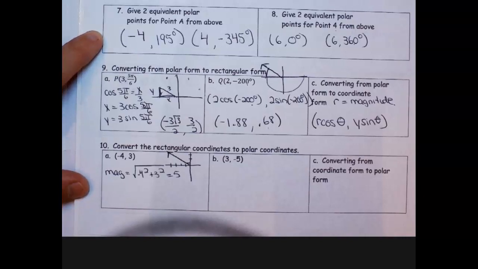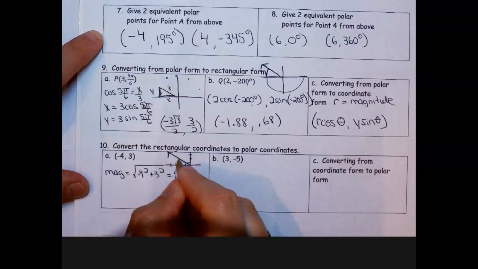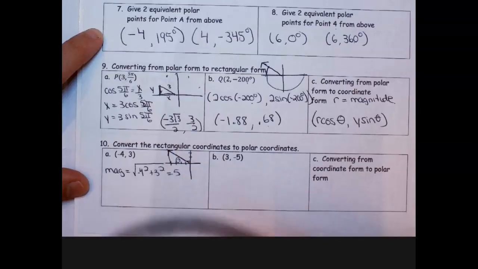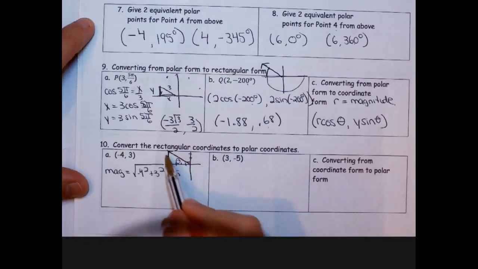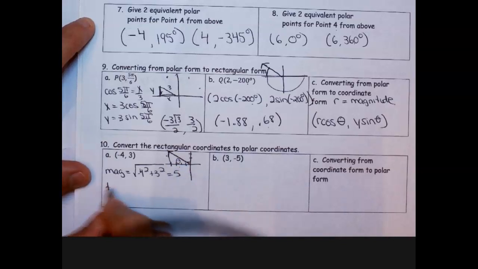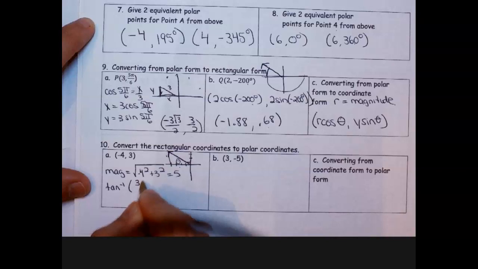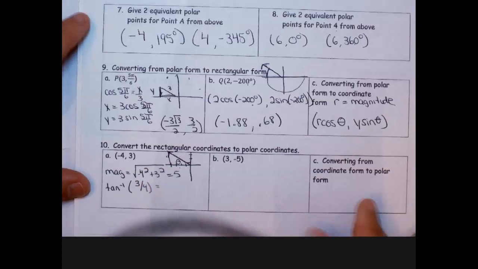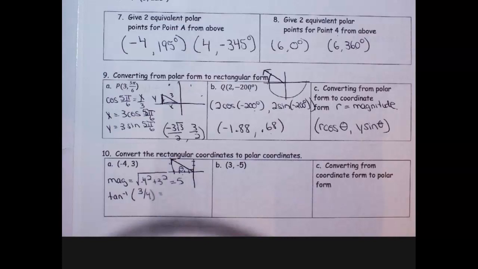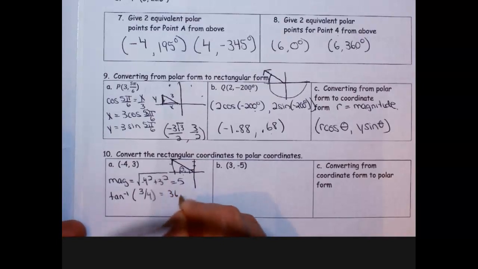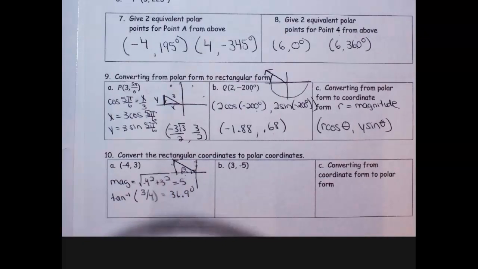And then the second thing we need is this angle in here, which is theta. Again, we did this when we did vectors. Opposite over adjacent would be tangent, so we have inverse tan of 3 over 4. Grab my calculator. Inverse tan of 3/4 gives me 36.9 degrees, and I'm going to have to tweak it a little bit.